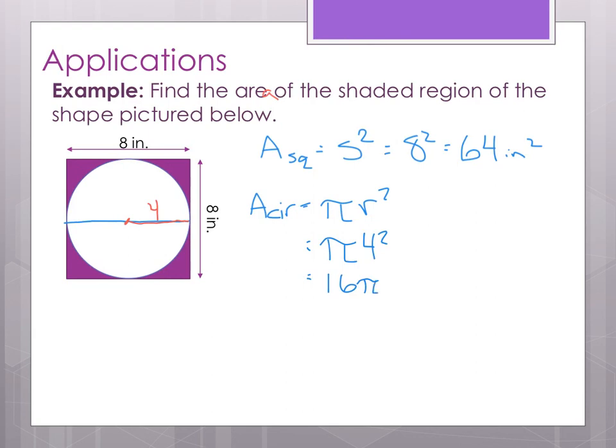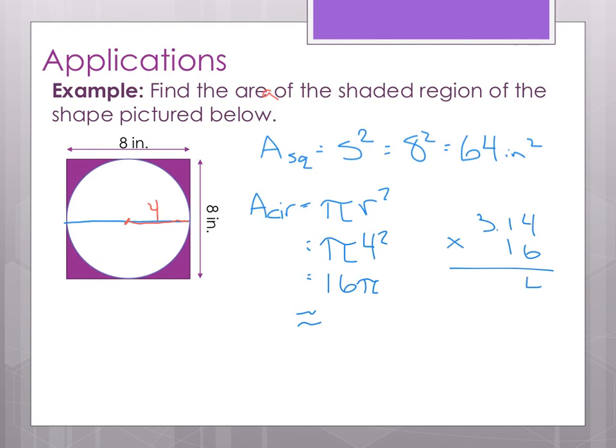Now, we're probably going to need an approximation of this, because we can't really do 64 minus 16 pi. So let's go ahead and find the approximate answer here. So I'm going to do 3.14 times 16. I think we did this earlier. I can't remember, but let's go ahead and do it again for practice.